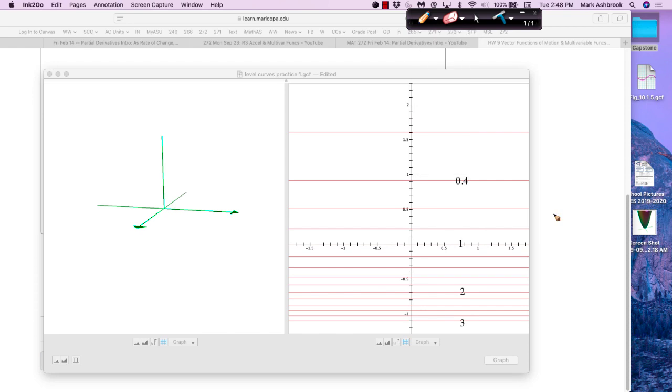So remember, this is x, this is y, this is x, this is y. And these tell you the height z for those x, y ordered pairs on the lines.